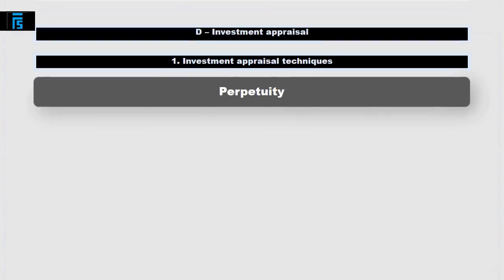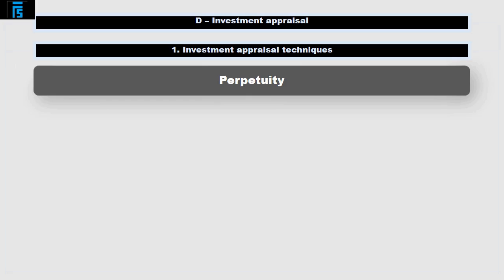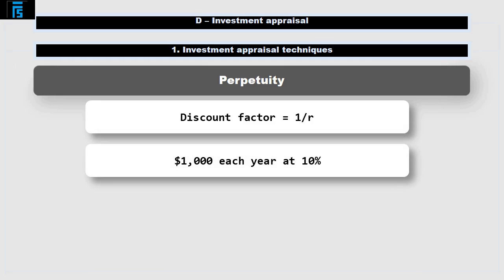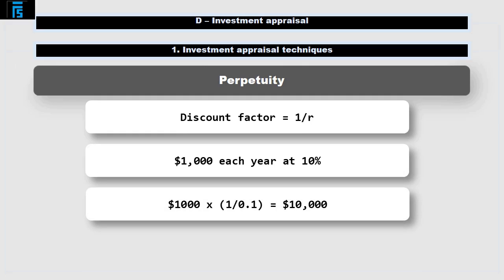It is possible to have an annuity that actually never comes to an end. This is known as a perpetuity. The discount factor for a perpetuity is simply 1 over r. For example, the present value of $1,000 each year starting next year forever with a 10% per annum required rate of return would be $1,000 multiplied by 1 over 0.1 equals $10,000.